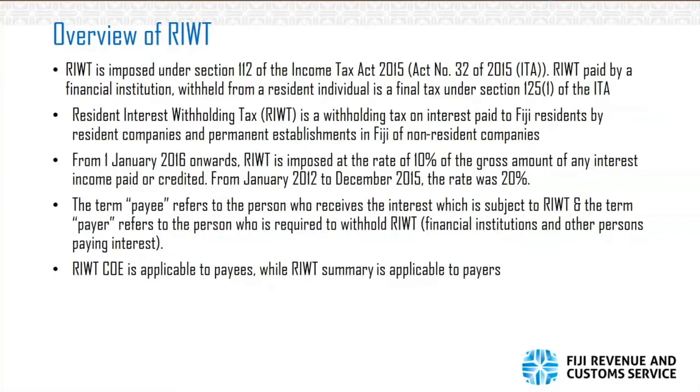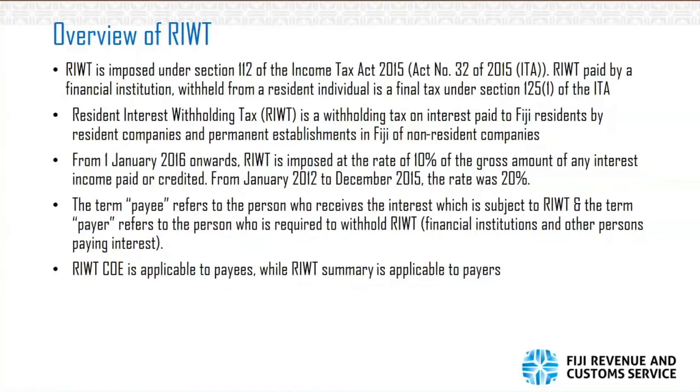The payee refers to the person who receives the interest which is subject to RIWT, and the payer refers to the person who is required to withhold that RIWT, which is the financial institution and other persons paying interest.